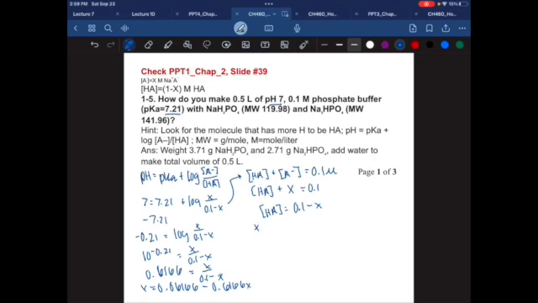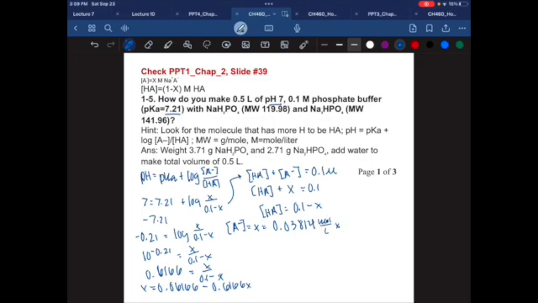And then we'll get an X of 0.03814. This X is equal to the concentration of our conjugate base. This will be in moles per liter.